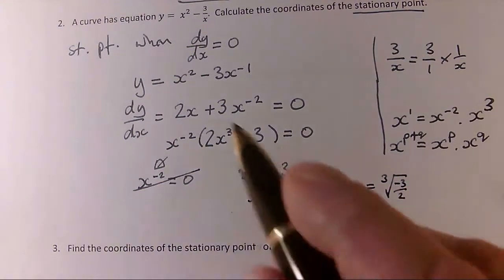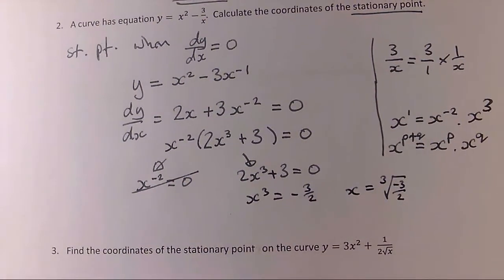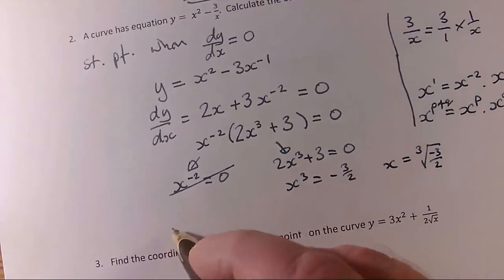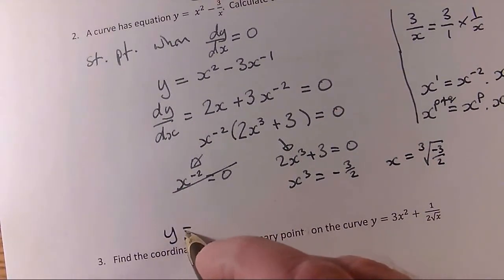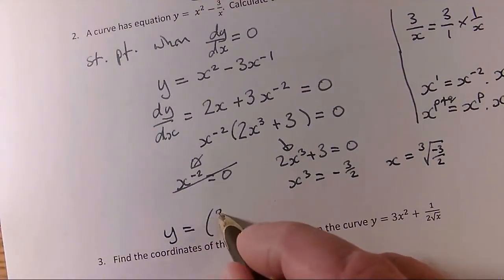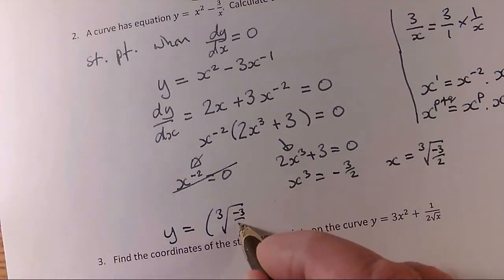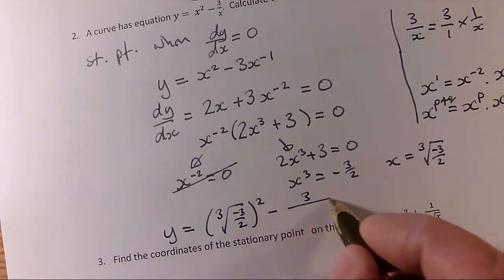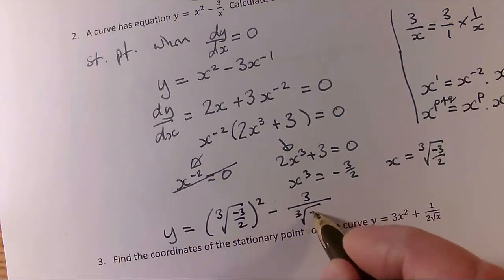And the y coordinate is going to be really rather messy, but let's work it out. So y is going to equal the cube root of minus 3 over 2, squared, minus 3 over the cube root of minus 3 over 2.